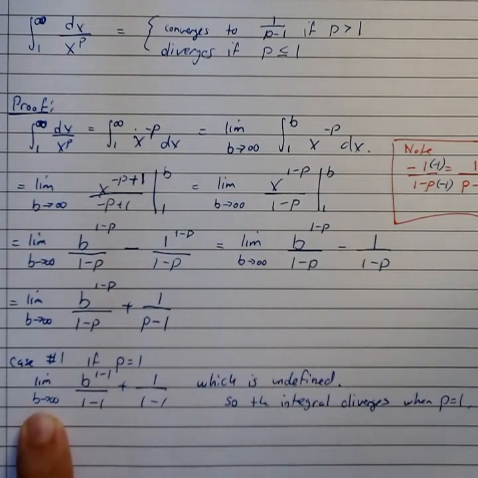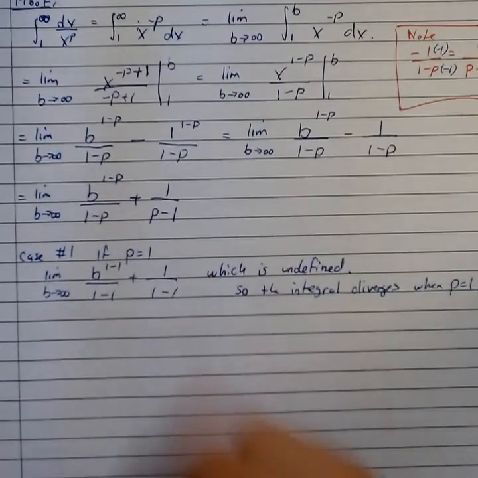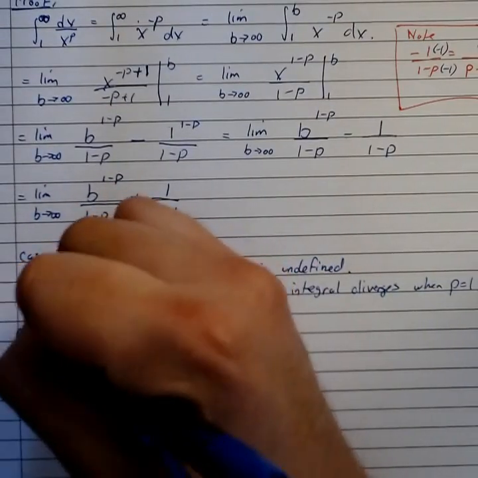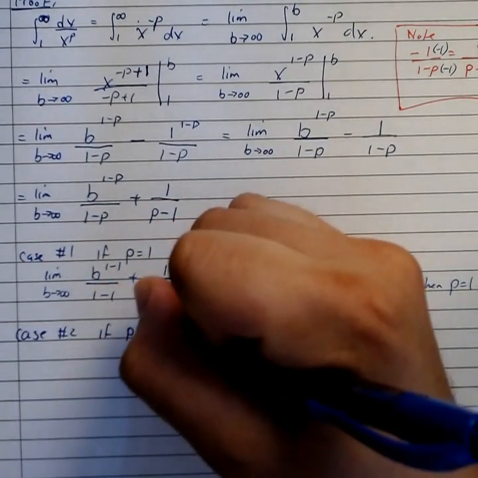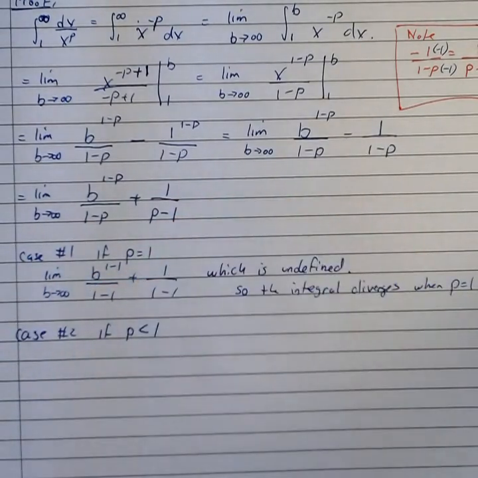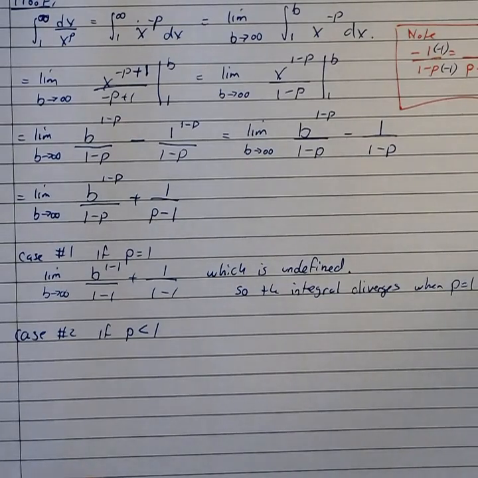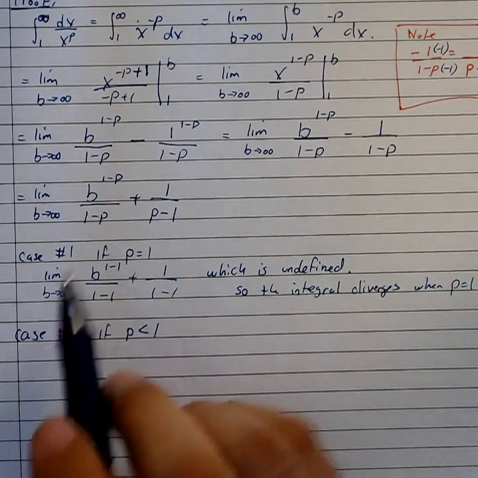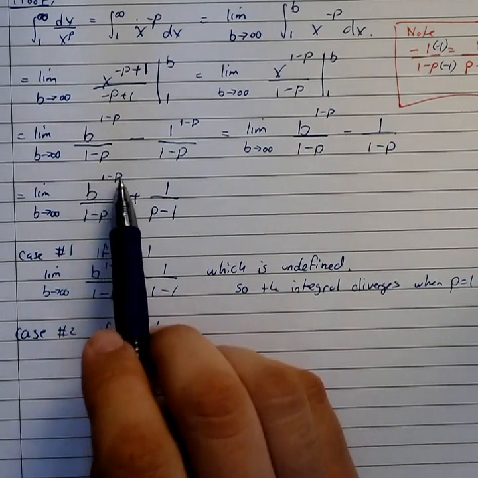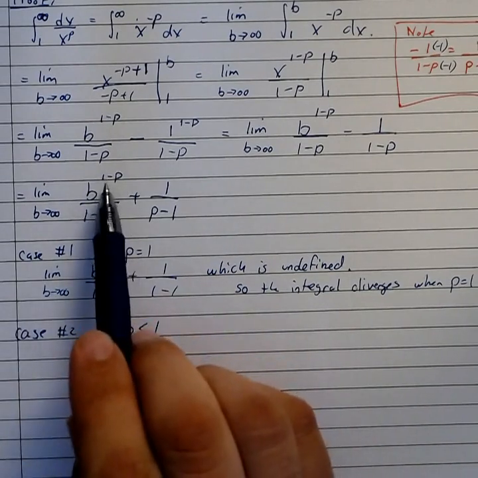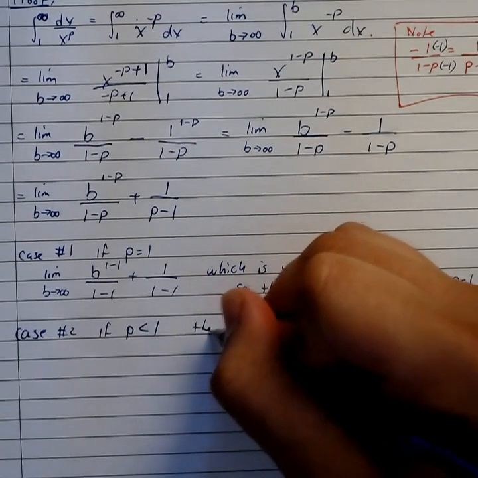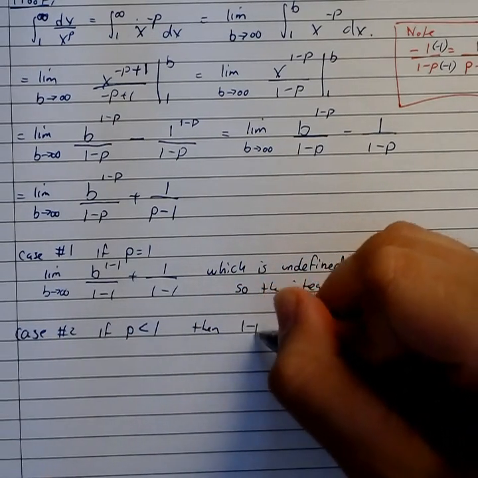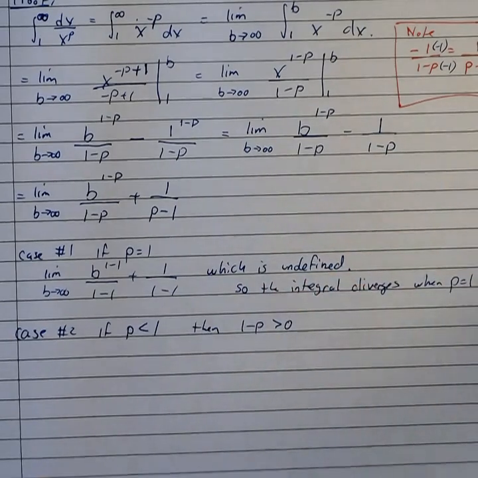Well, what if p is not equal to 1? Then it's either greater than 1 or less than 1. Case number 2. Let's say p is less than 1. If p is less than 1, then 1 minus p is greater than 0.